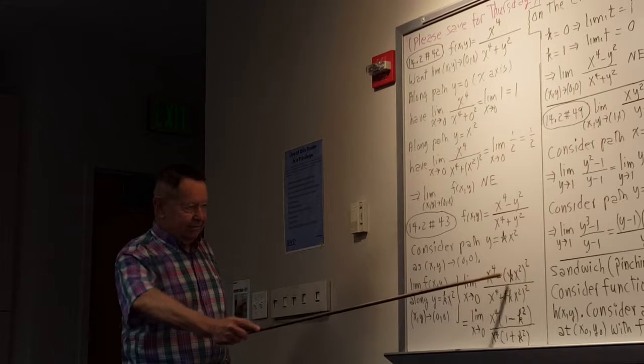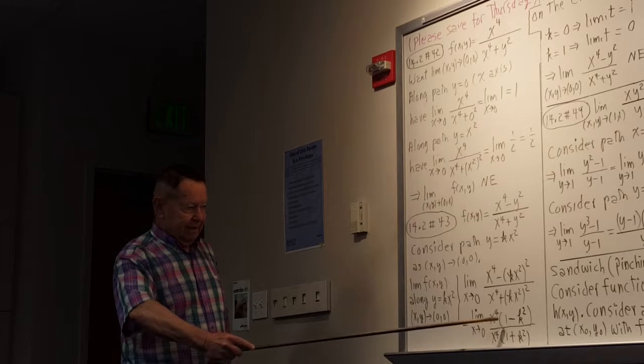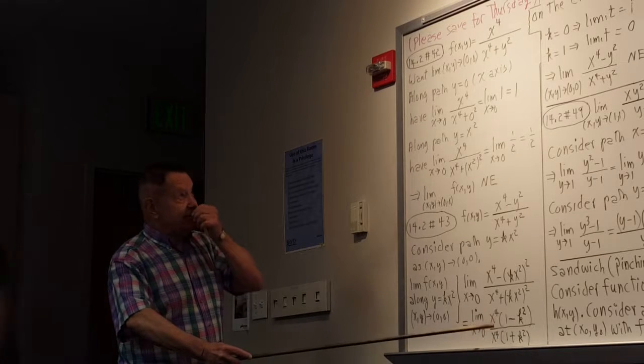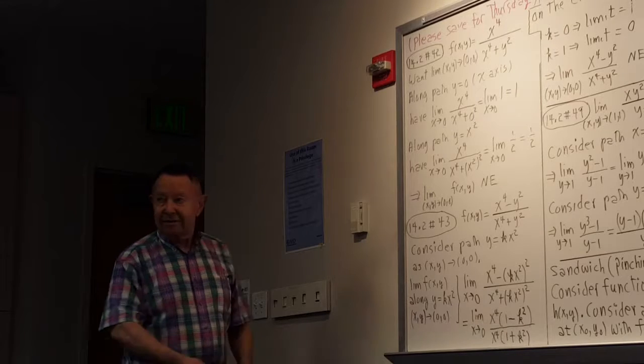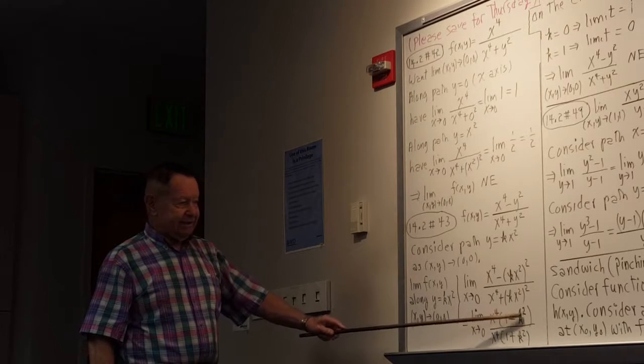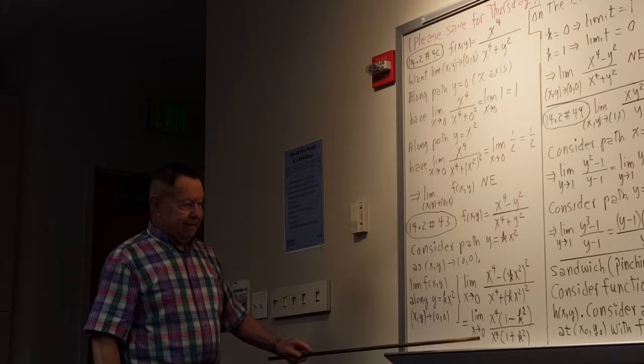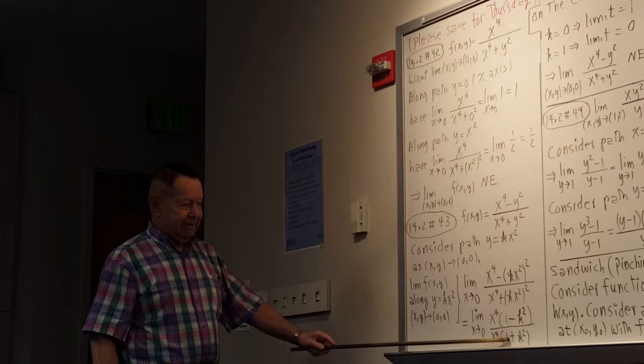You see the x fourth will factor top and bottom, and so your limit then is going to have the form 1 minus k squared over 1 plus k squared, which doesn't depend on x.